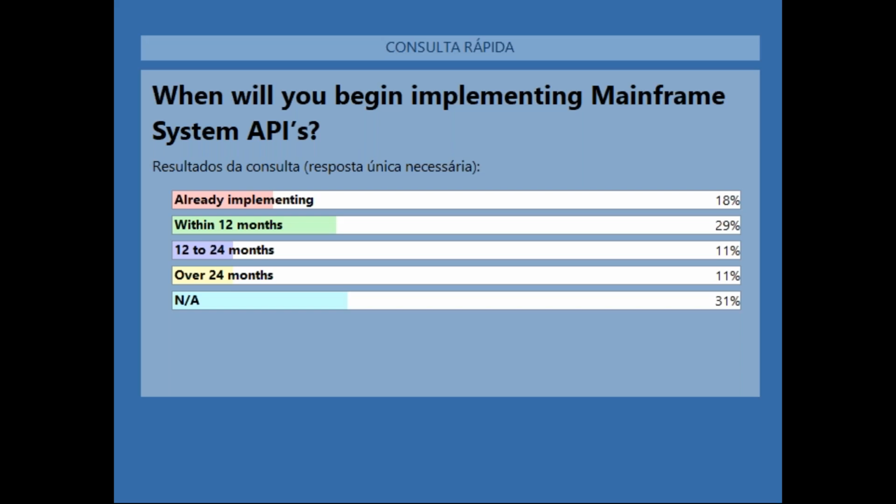And we have 11% on 12 to 24 months, and 11% over 24 months as well. As we all know, implementing new features, especially in the mainframe environment, takes some time because we need to change a lot of things. We need to have a lot of approval. So that seems reasonable over 24 months implementation, right?